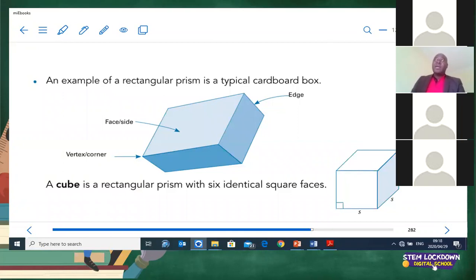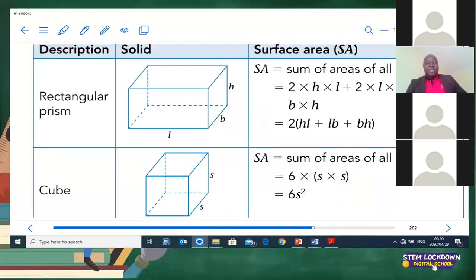It has got the length and the breadth, but they are equal in that case. So the surface area of a rectangular prism can define it. If you don't want to use the width or the W there, then you can use B, the breadth. And of course, if you don't want to use the length, you can use the side.